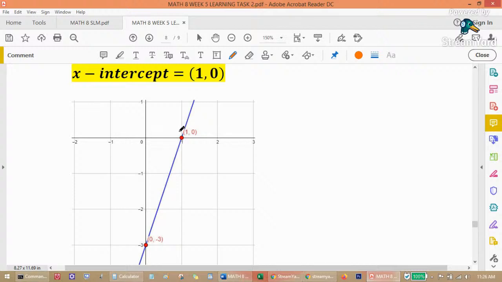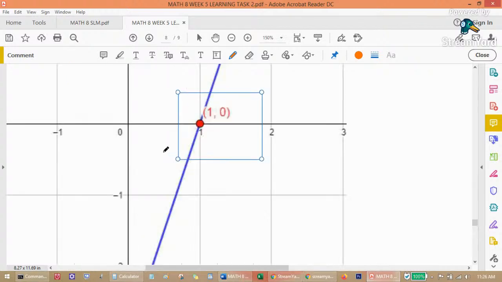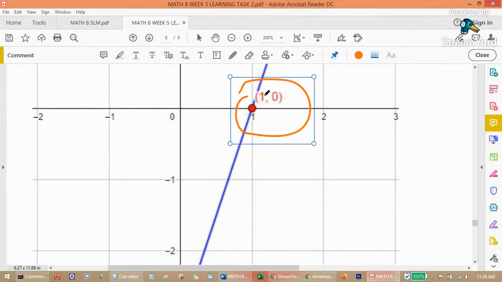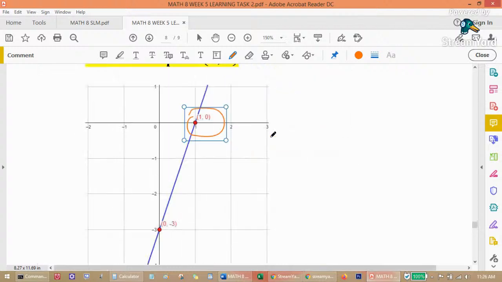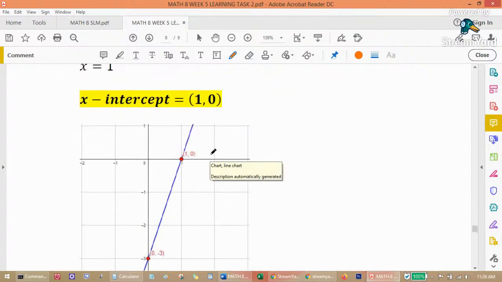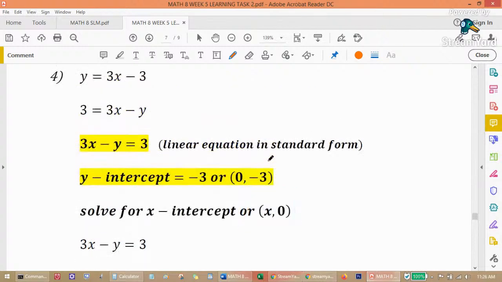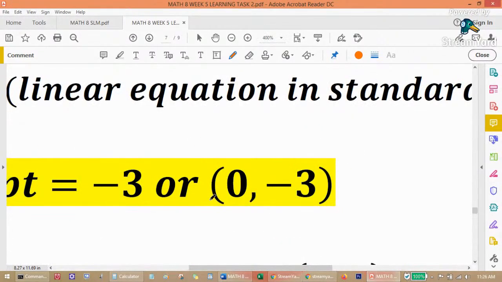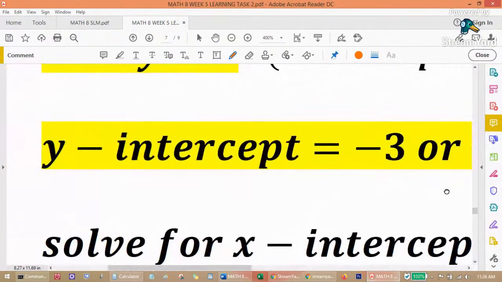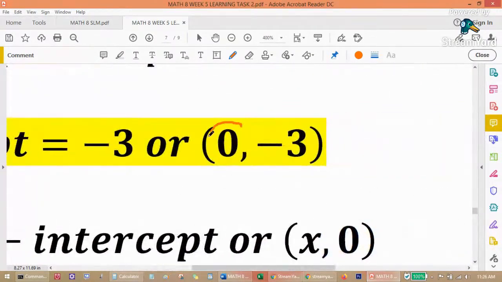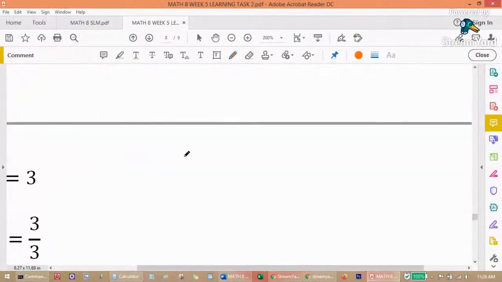So, therefore, that is point x is 1 and y is 0. Then, ang y-intercept natin, ang x natin is 0.